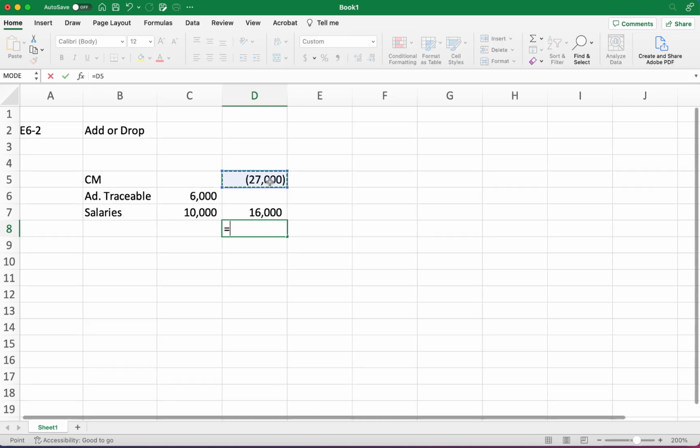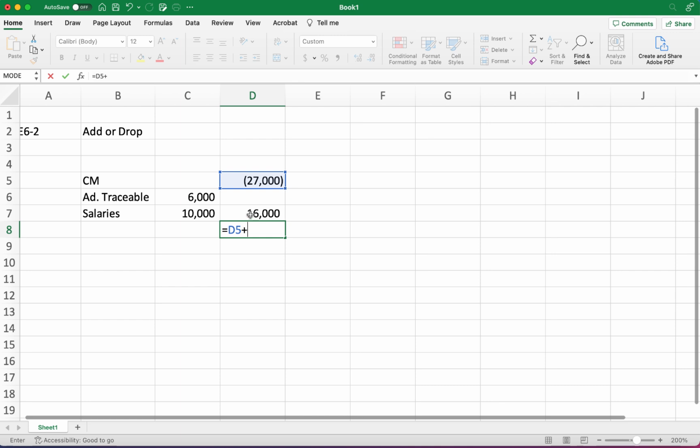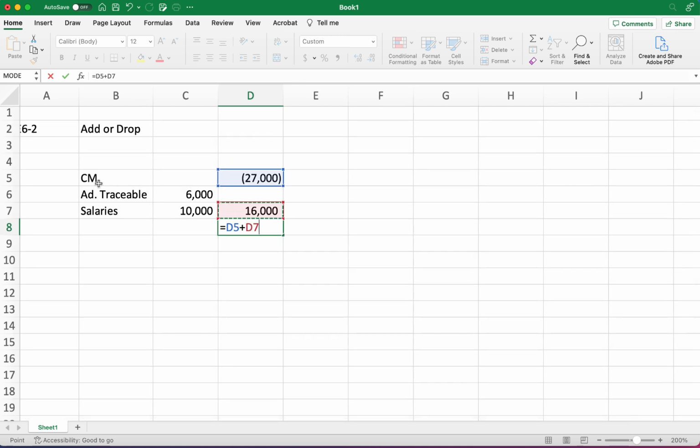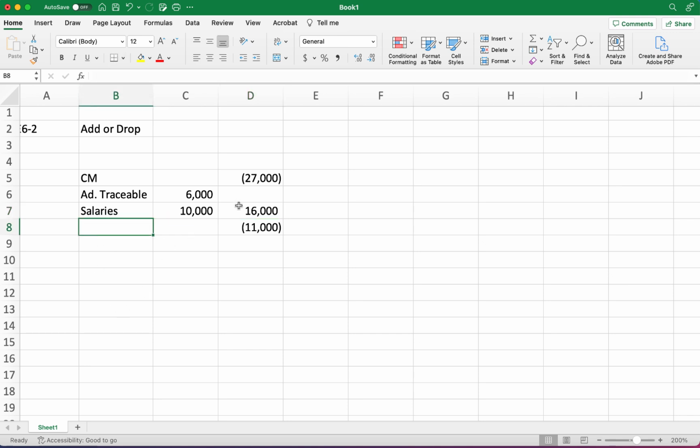So now we're going to add up our two numbers. The relevant benefit, which is the contribution margin of $27,000, and the relevant costs of advertising that's traceable and the salaries of the product line managers. We see that we have a negative $11,000 here.